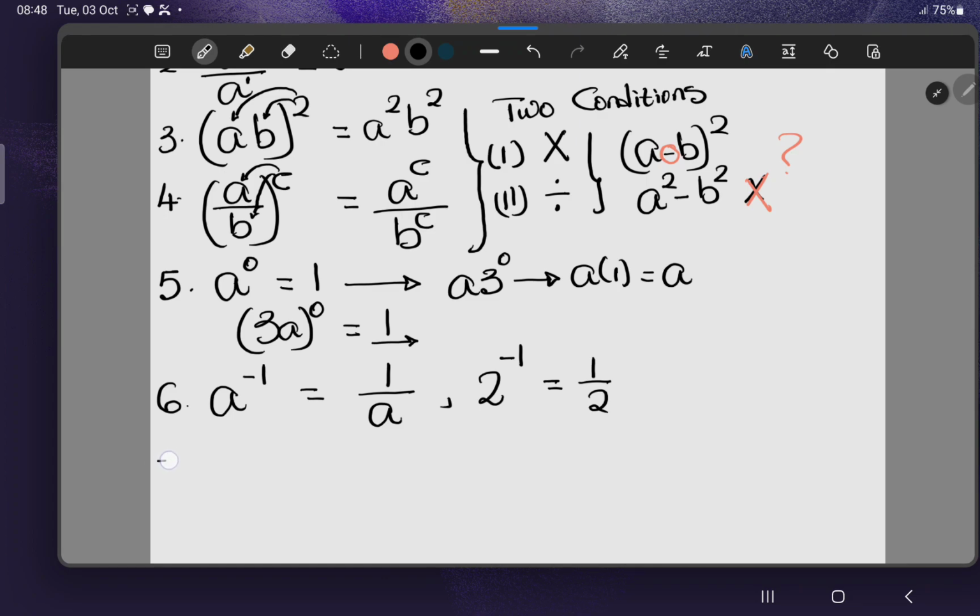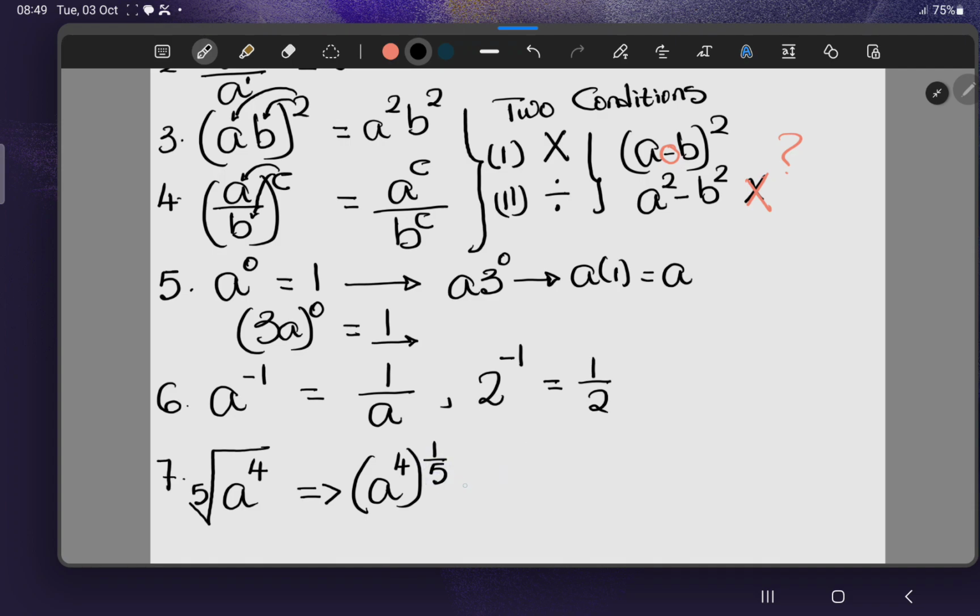And then number 7, we have a root here. Then I have a. Then this is, let me just write 4. Then this is 5. So now what we're going to do here is to say, first thing first, a to the power of 4, then 1 over 5.